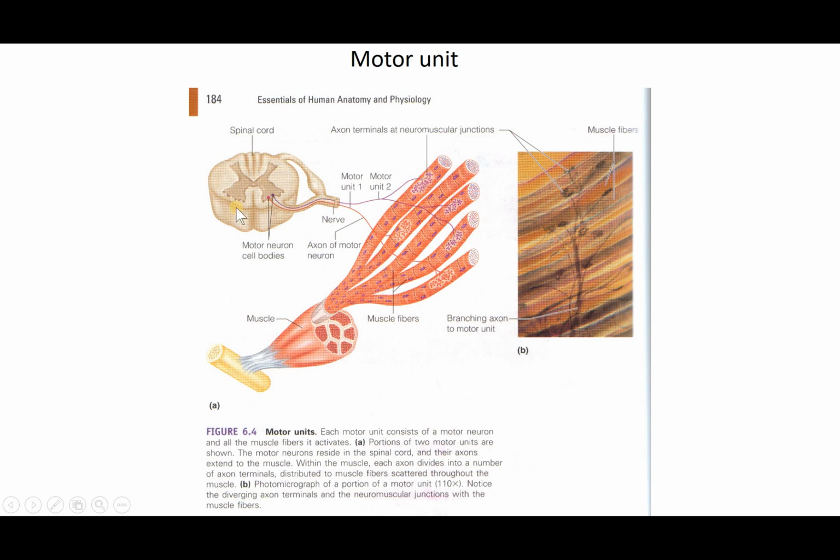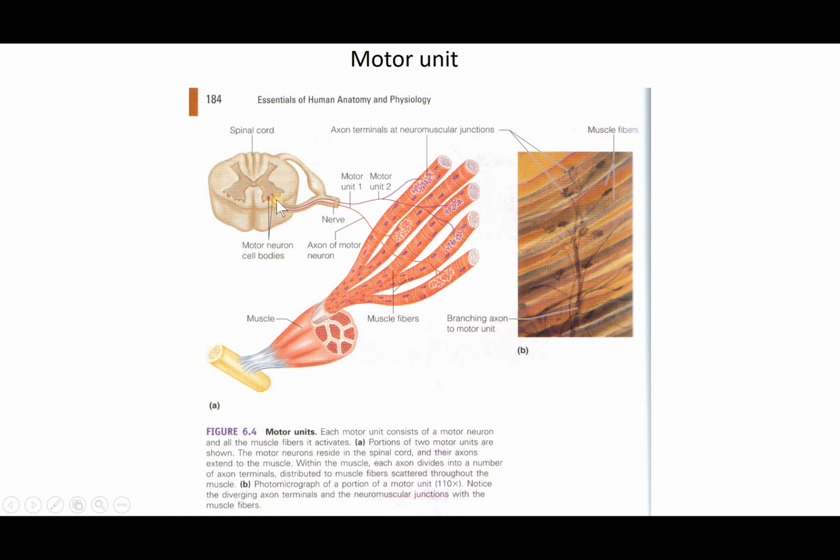So here we have a cross section of the spinal cord, and we'll talk about nervous system stuff later when we get to that system. But for right now, this is a cross section of the spinal cord, and here we have the gray matter inside of the spinal cord. And here we have motor neurons and motor nerves.